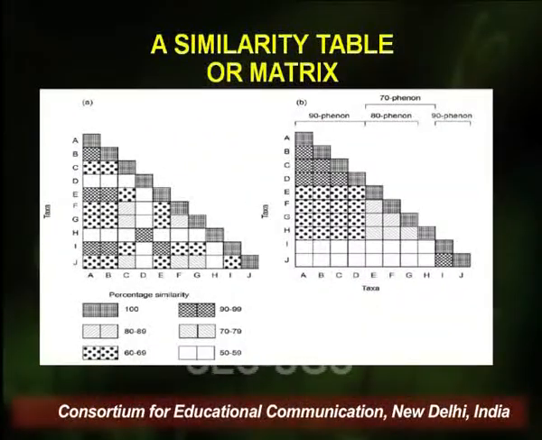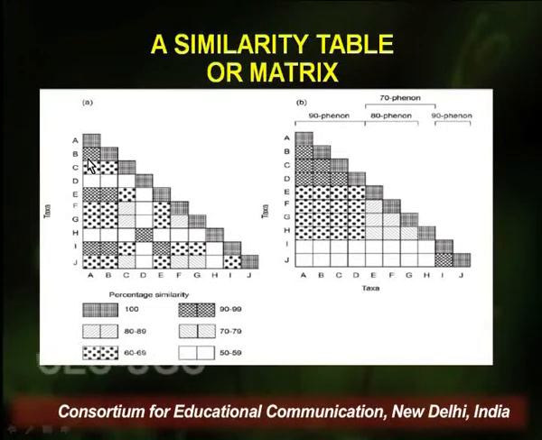This slide shows a similarity table or matrix where you can see that we have placed taxa on both sides, the x and y axes, and the matrix shows that taxon A has 100% similarity with taxon A itself, right?